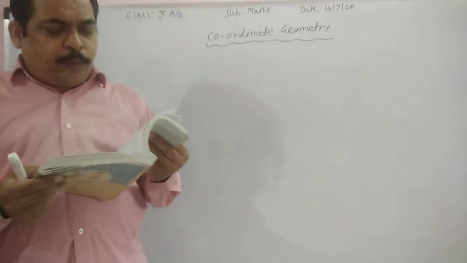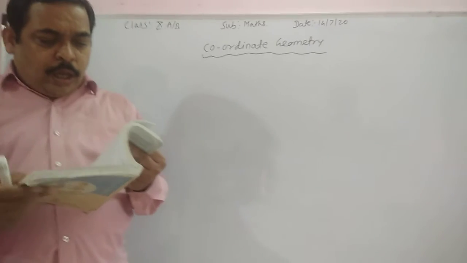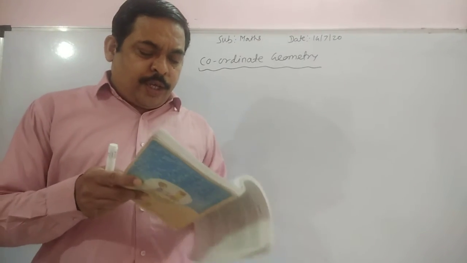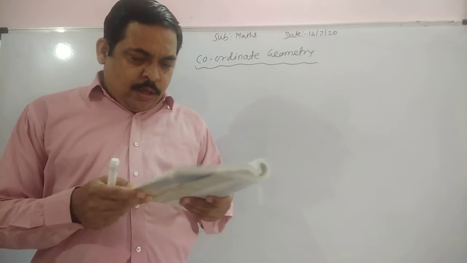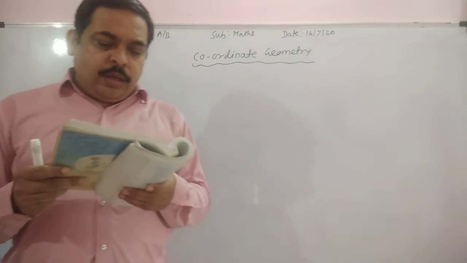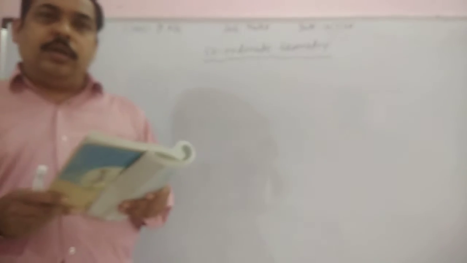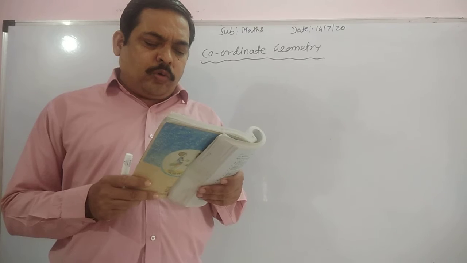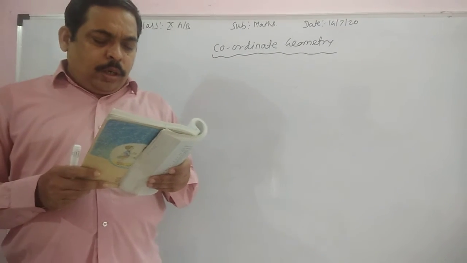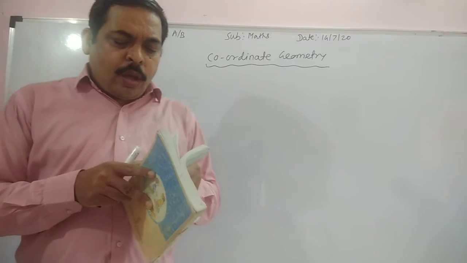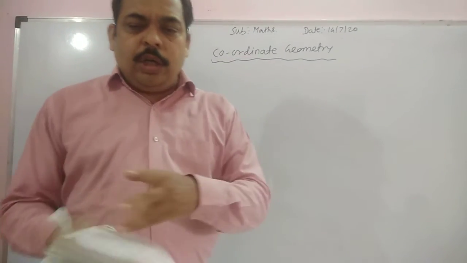Then join the points, and you get one shape. You have to identify that shape. On page number 155, in the second para it is given. Today's homework is that you plot all those points, join according to the details, and send it to me on my WhatsApp. Now we move forward.